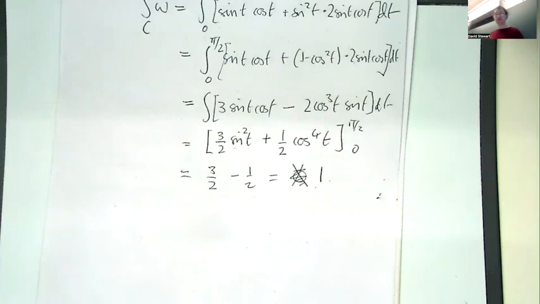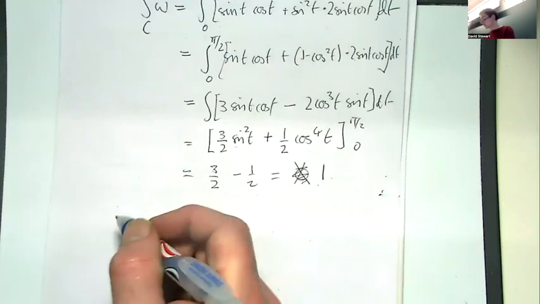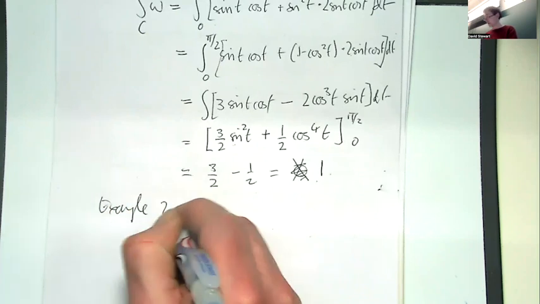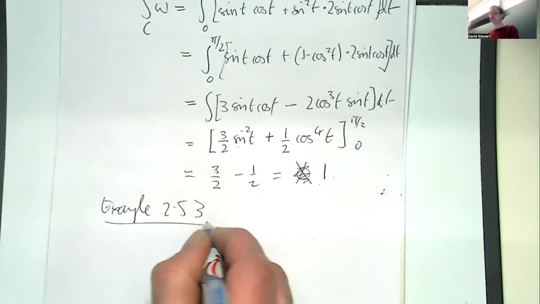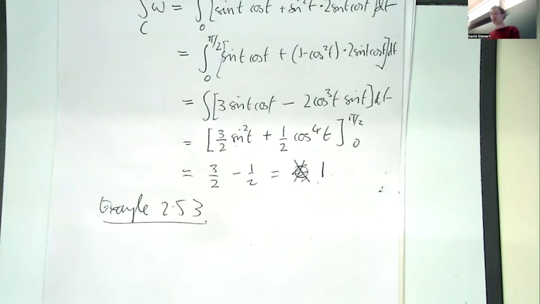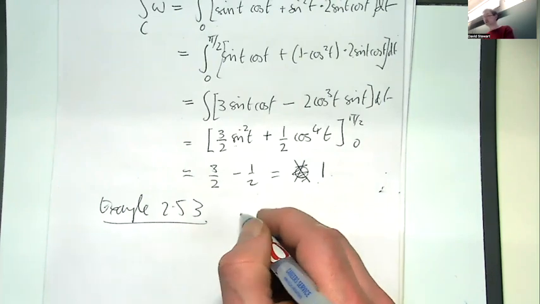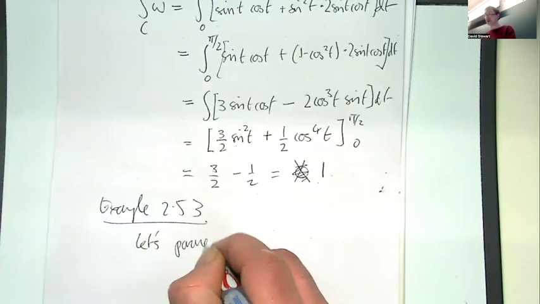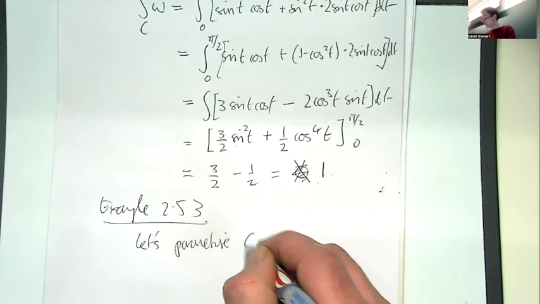Okay, final example for this section, and then I'll stop the video, is going to be example 253, which is just going to be doing exactly the same thing, but where we take an opposite orientation. So let's parameterize C backwards.